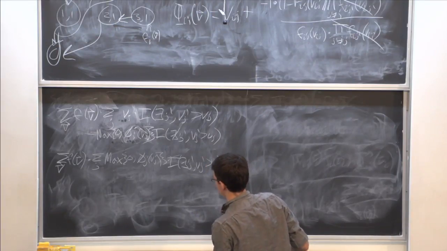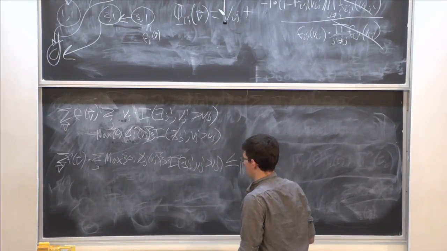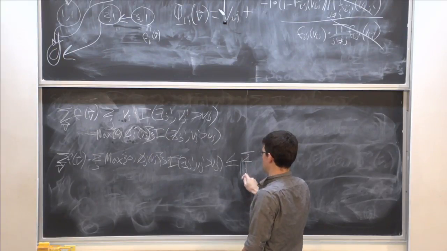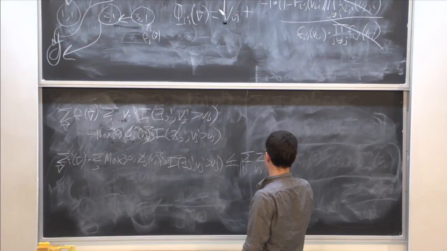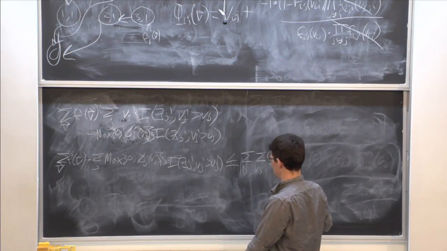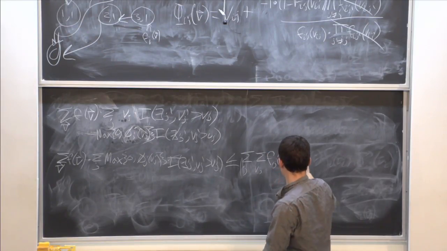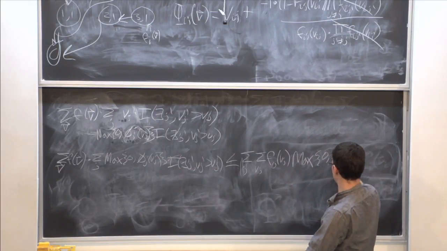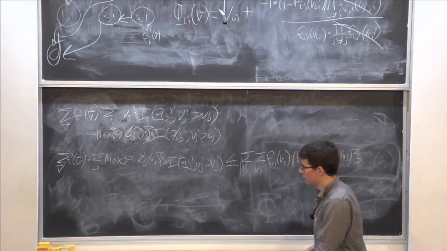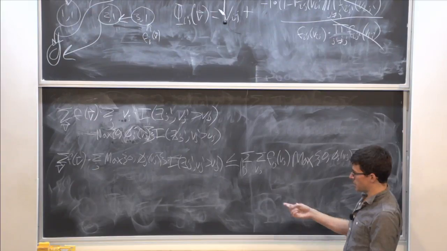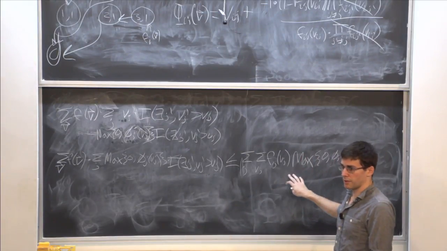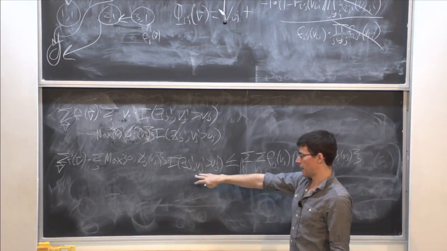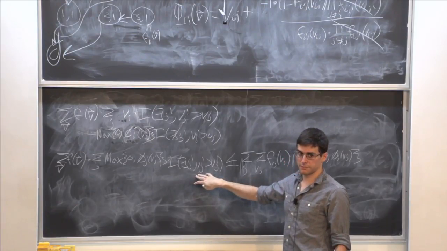I claim this is actually upper bounded by the sum over all j, sum over all vj. So all I'm claiming, basically in going from the left to the right, is that I've upper bounded this indicator by 1.